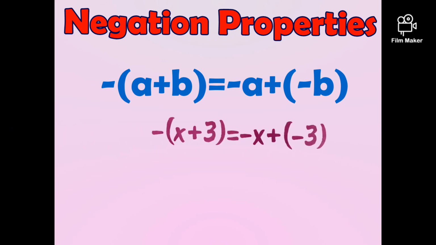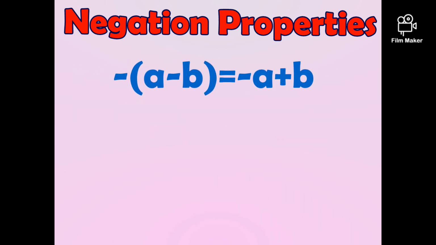For example, a negative multiplied by the group x plus 3 would be negative x plus negative 3. Because multiplying negative 1 with x will give you negative x, and multiplying negative 1 and positive 3 will give you negative 3. This will give you the result of negative x plus negative 3, which is equal to negative x minus 3.